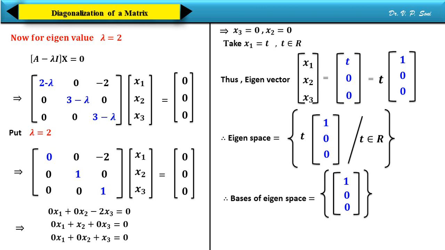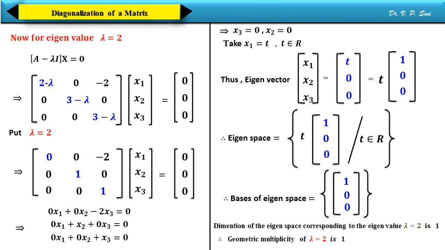Here the basis of the eigenspace contains only one vector, therefore the dimension of the eigenspace corresponding to the eigenvalue λ = 2 is 1, and therefore the geometric multiplicity of λ = 2 is 1.